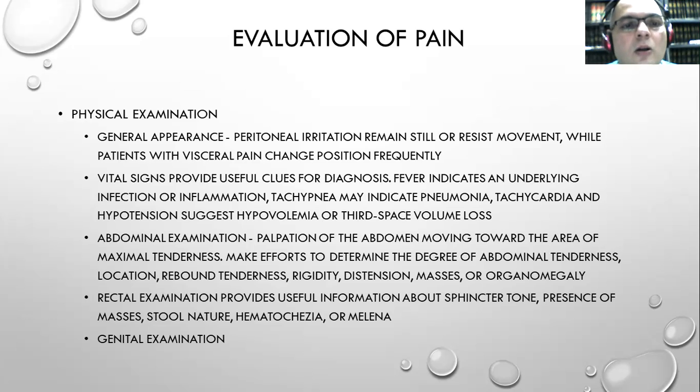The vital signs provide useful clues for diagnosis. When the child is associated with fever, then one can think that the pain has risen because of infection and a resulting inflammation. If the child has tachypnea, then that points more towards pneumonitis, and the pain in abdomen is because of pneumonitis.